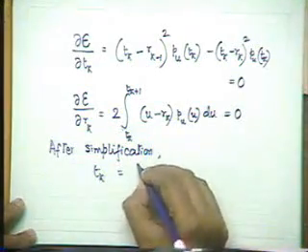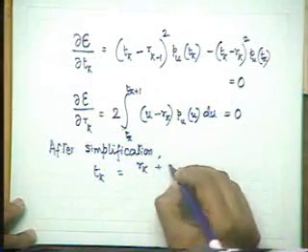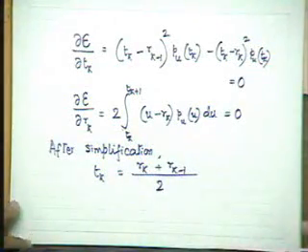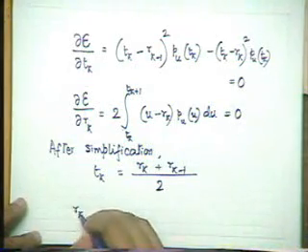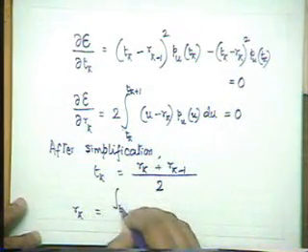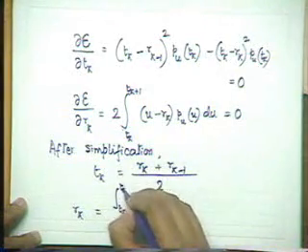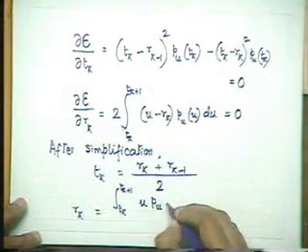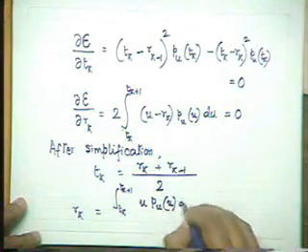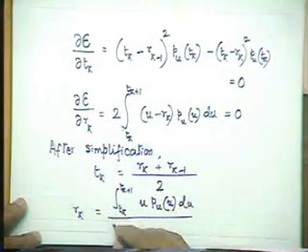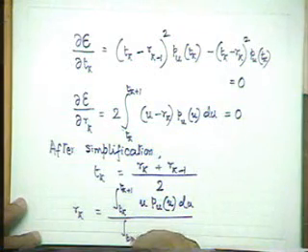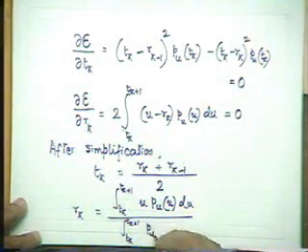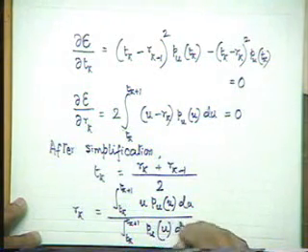after simplification, Tk is going to be equal to (Rk plus Rk minus 1) divided by 2, and Rk is going to be the integral from Tk to Tk plus 1 of u pu u du divided by the integral within limits Tk to Tk plus 1 of pu u du.